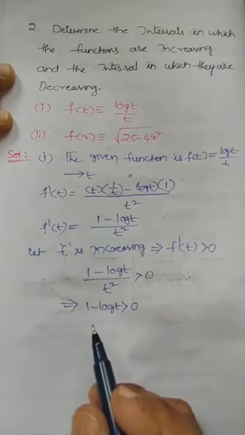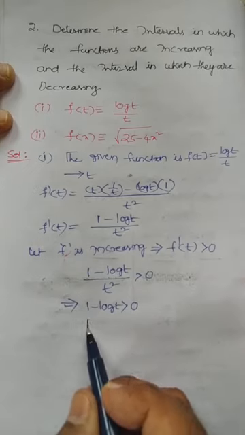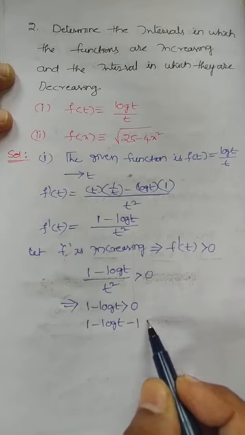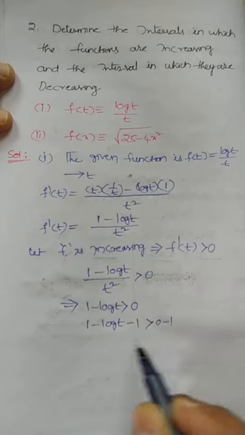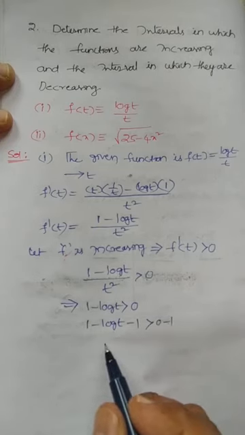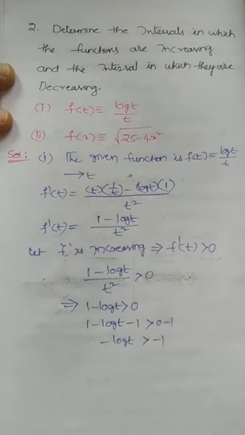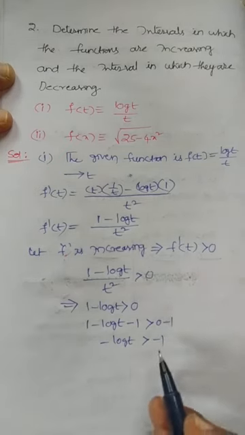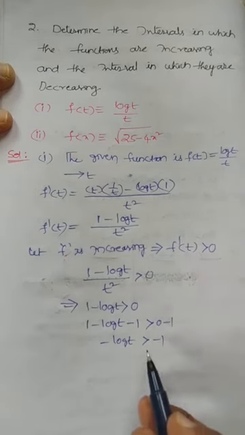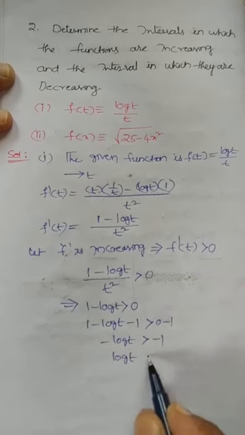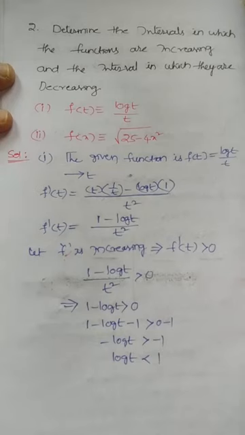So now, 1 minus log t, minus 1 I am taking each side. So minus 1 plus 1 gets cancelled. So minus log t is greater than minus 1, and again I am applying minus to each side, so the relation must change here. So log t is less than 1.